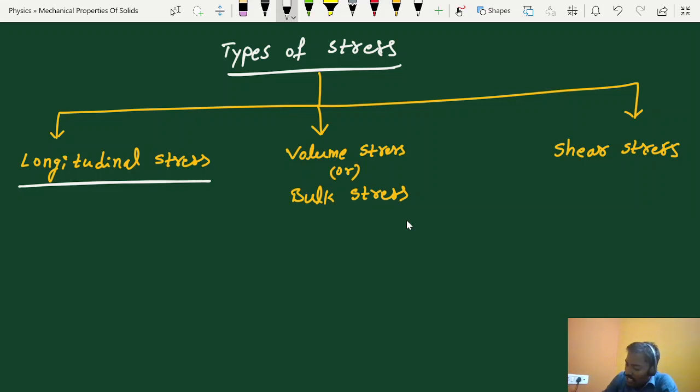If equal normal force is acting on every cross section of the body, that's like throughout the volume of the body, the stress acting on the body is volume stress or bulk stress. Next, shear stress is nothing but when the force acting on the body is tangential to the surface or parallel to the surface.